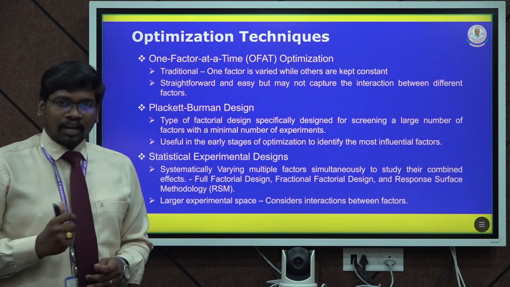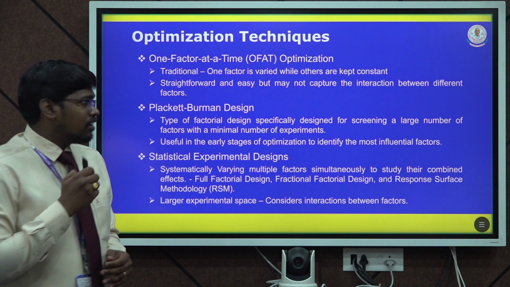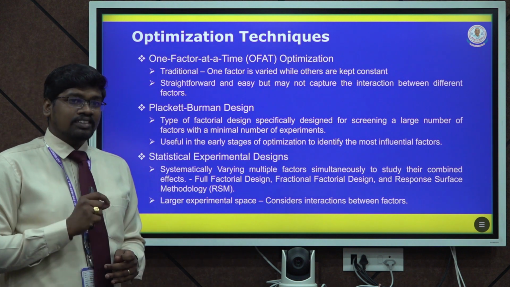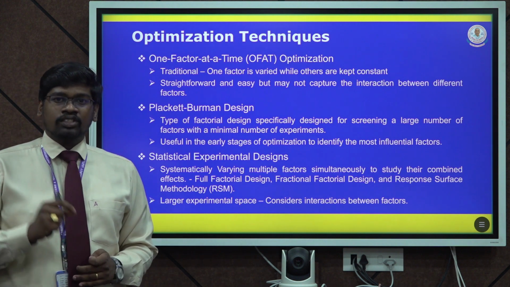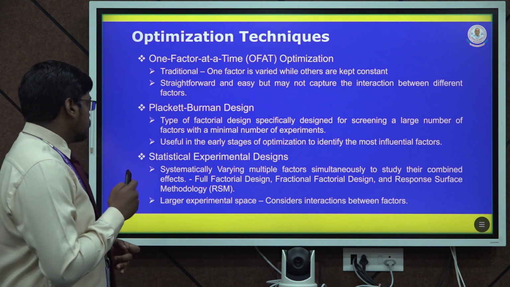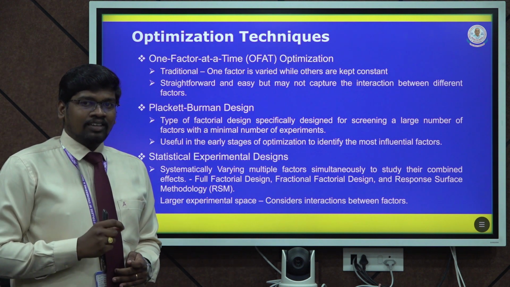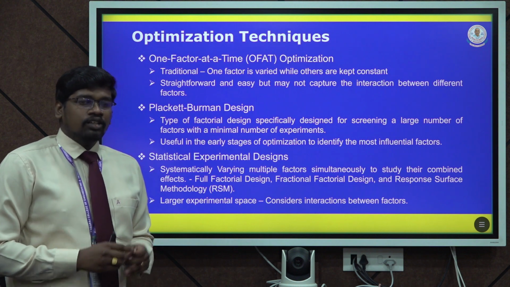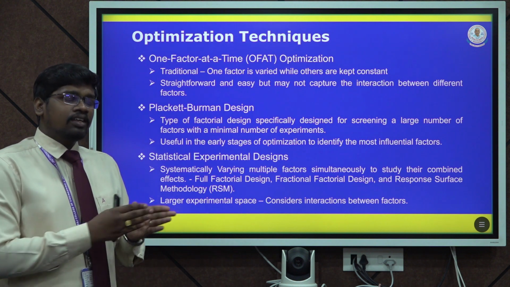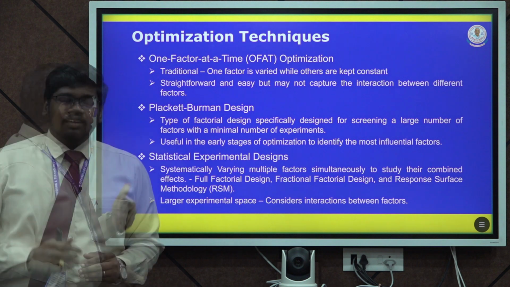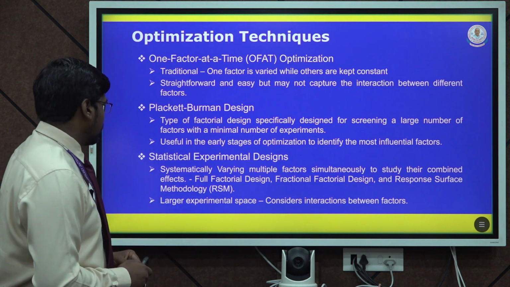Next one is Plackett Burman design. This is a factorial type of design which is specifically designed for screening and selecting the most influencing variables. So this is used to identify the factors that are influencing the experiment. This is used in the early stages of the optimization process. Next method is statistical experimental design.